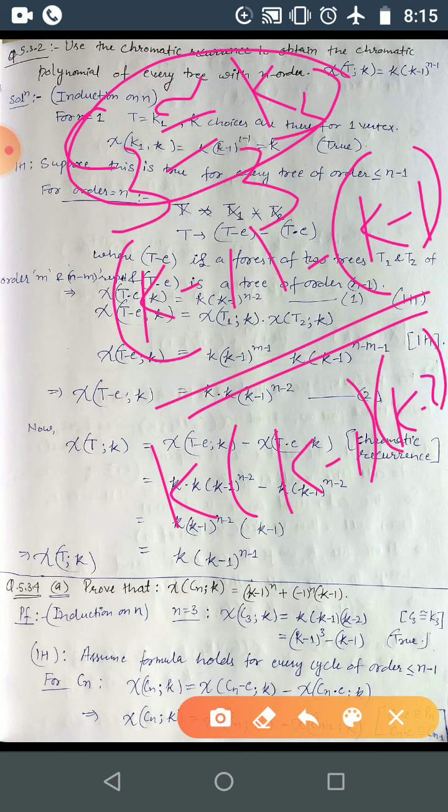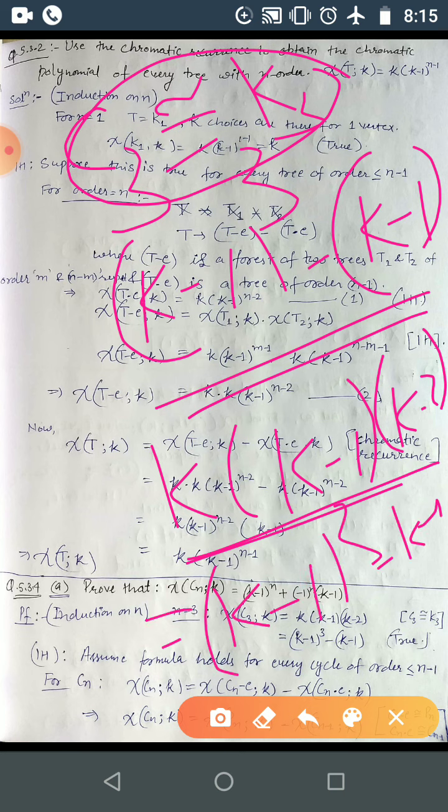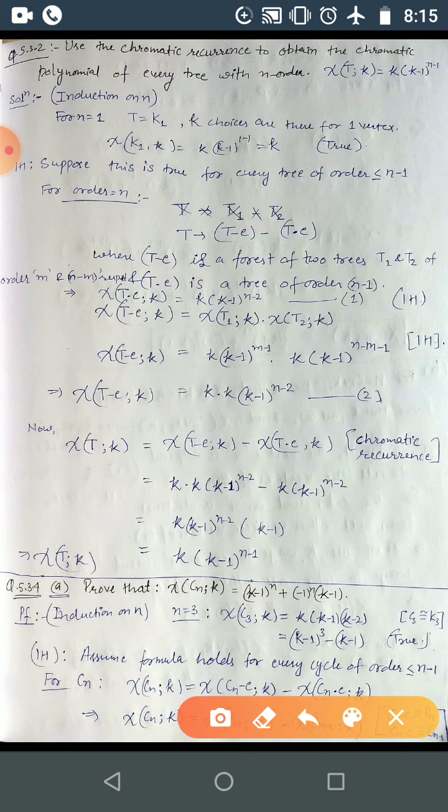So this you can also write as (k minus 1) raised to power 3 minus (k minus 1). Okay, that you can check. This will be equal to this one only. So here we verified. This is by putting this value, and this is because C3 is isomorphic to K3, and we already know the chromatic polynomial for K3. Correct?